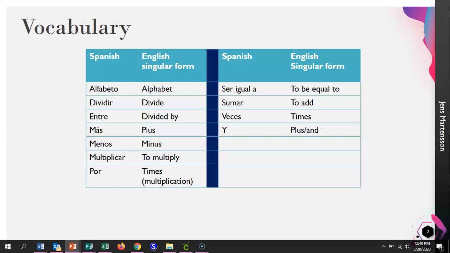And the last one is y, which means plus, and. Once again, this is your vocabulary. I highly encourage that you do flashcards and start your own personal dictionary. The sooner you learn them, the easier the rest of this presentation will be.